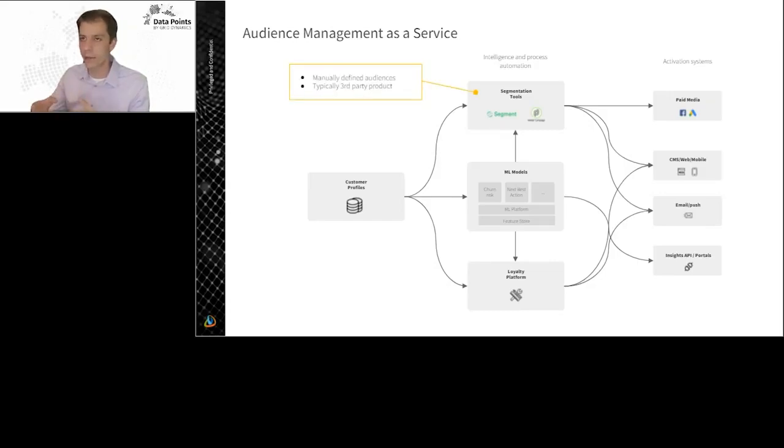Typically some third-party standard products like Segment or Adobe Campaign are used to create these custom segments and then even configure process automation flows that eventually are connected to activation systems. For example, the segments can be sent to paid media systems, ad networks, or web systems, or we can run different types of email campaigns, contacting consumers directly using these process automation tools.